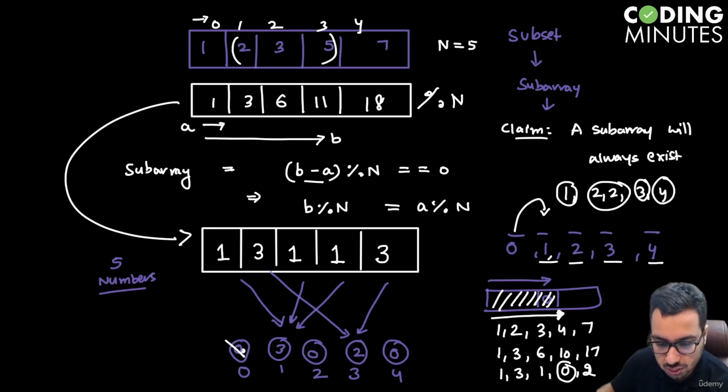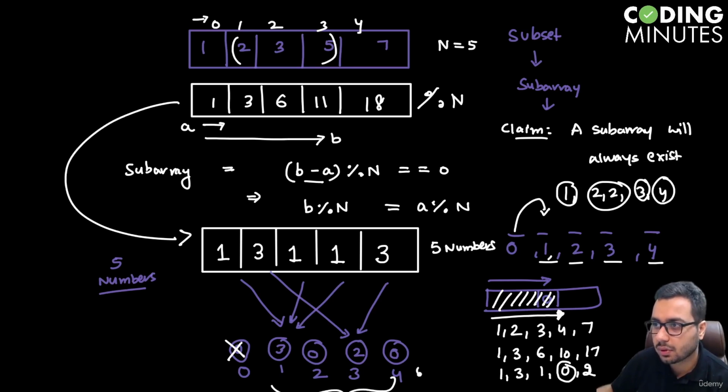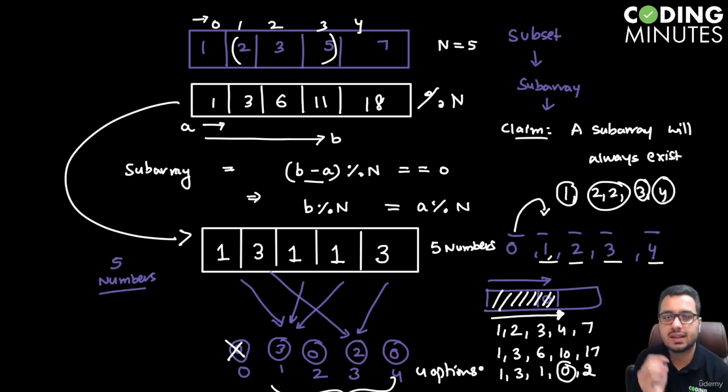But if you don't get 0, then what happens? For these 5 numbers you have only 4 options. That means 4 buckets. That means there would be at least one bucket which is storing 2 numbers which are the same. In this case there are multiple such buckets.